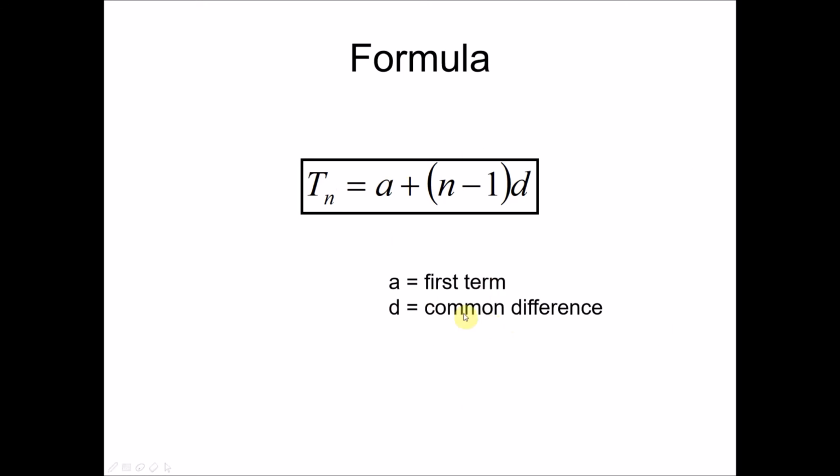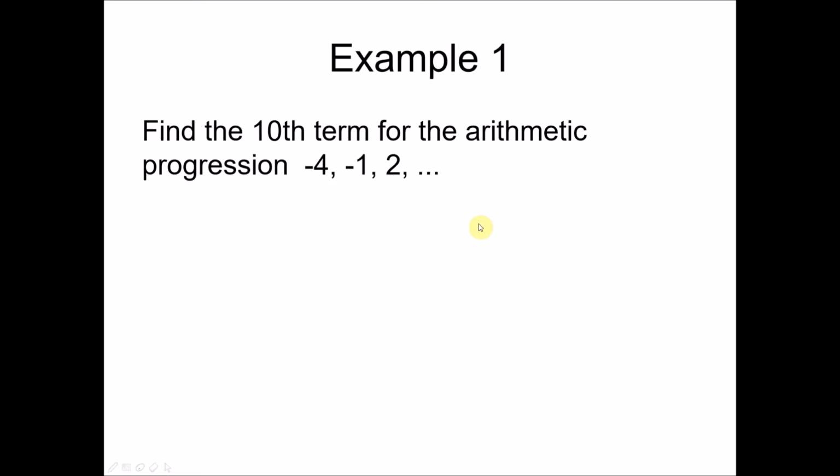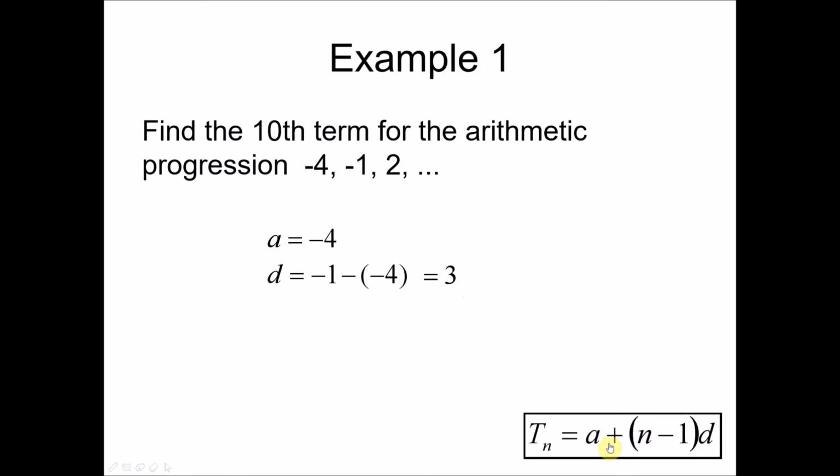So we look at examples of how to use this formula. Example number 1. Find the 10th term for the arithmetic progression. A is negative 4, the first term. Then we need to find the common difference, D. We take the second term, negative 1 minus negative 4. You get 3. Since we already have the values of A and D, we can use the formula here.